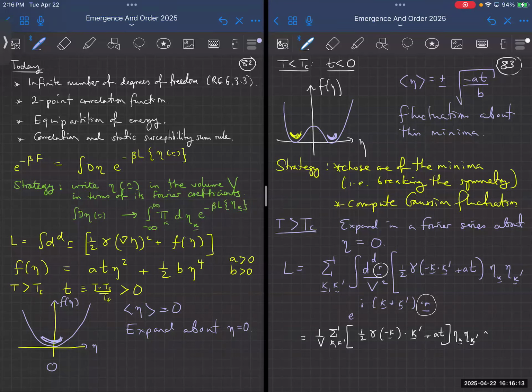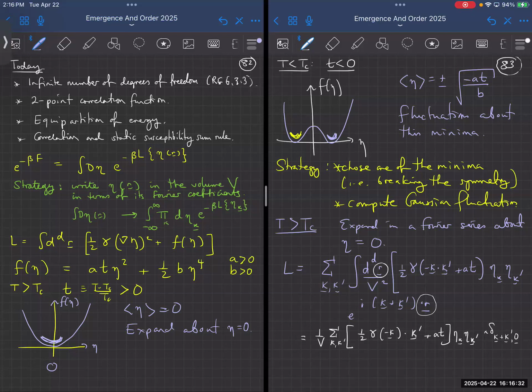And then after doing that integral, we're going to get delta of k plus k prime and 0, and that comes in here in this summation. So doing the integral over r gives you a delta function of k plus k prime.